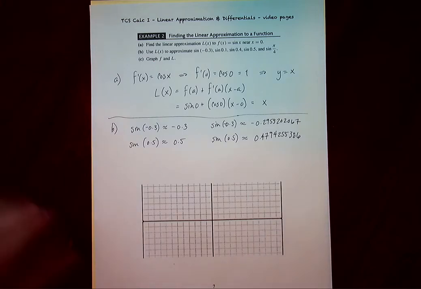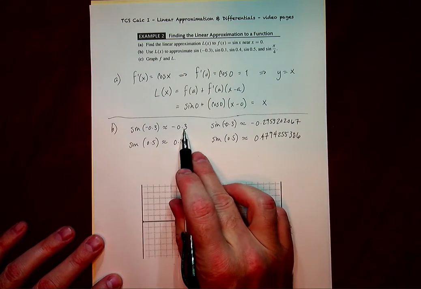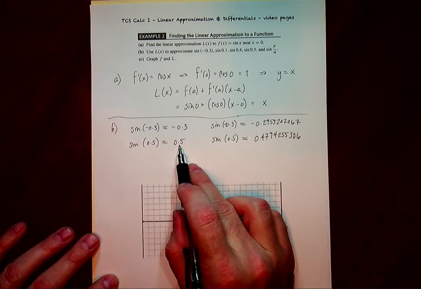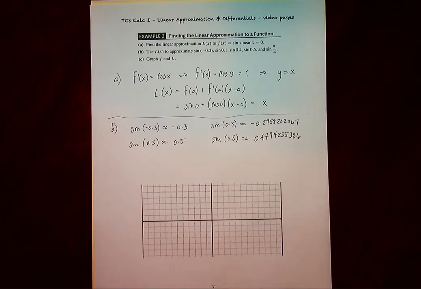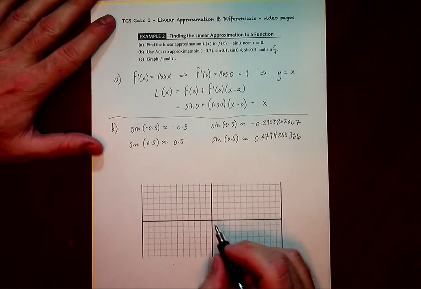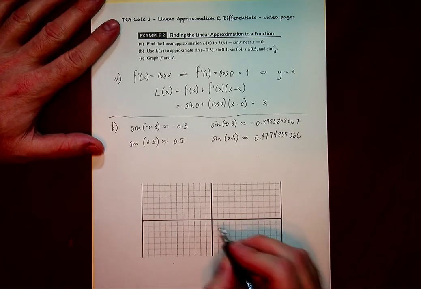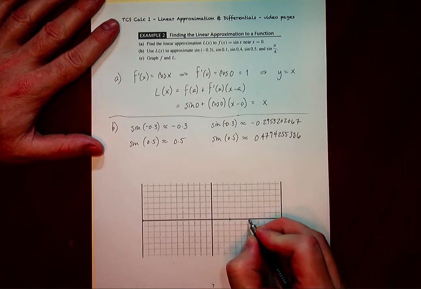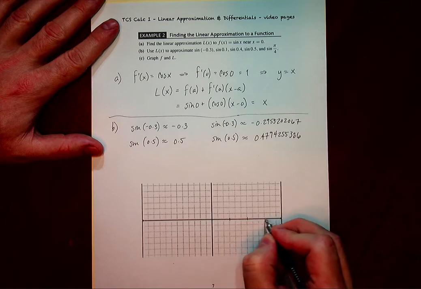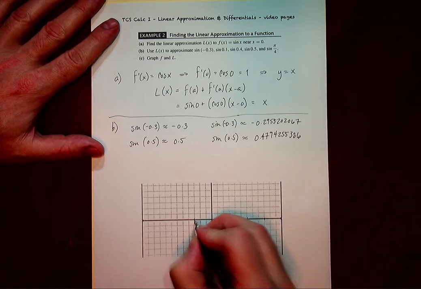So this was closer to this than this was to this, because as you get away from zero, as you get away from that point of tangency, you're going to wind up diverging and getting a worse and worse and worse approximation. Again, the whole point is sufficiently close, okay? And if you wanted to graph it on your own, you just have to pick a reasonable scale.